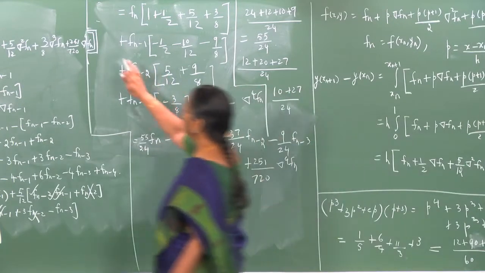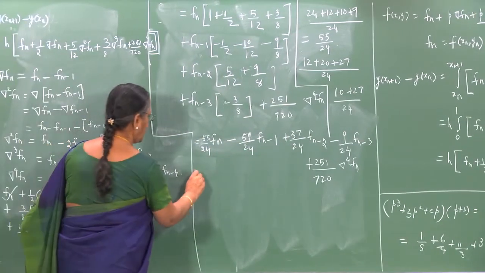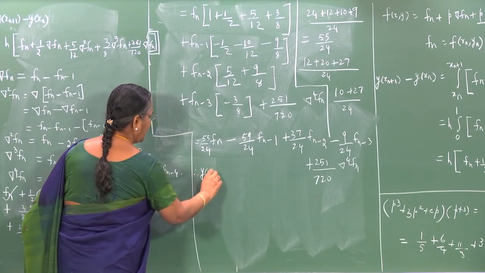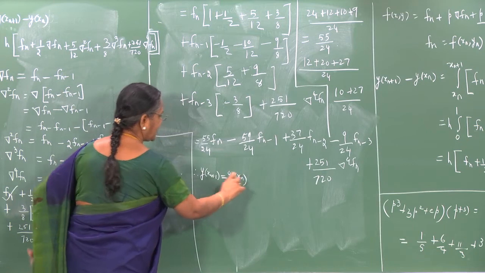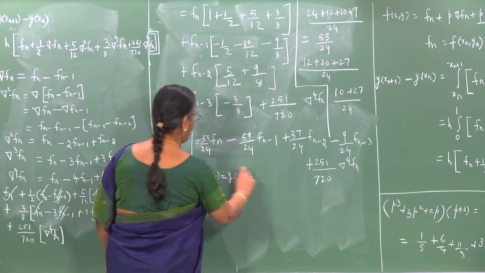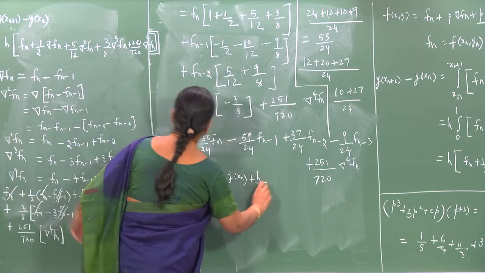So, we have simplified the right hand side. So, we write down the result. Therefore, y of xn plus 1 is equal to y of xn plus, I have h as a coefficient here.